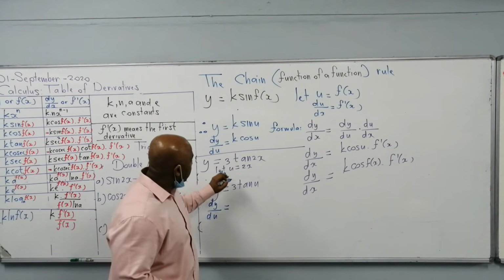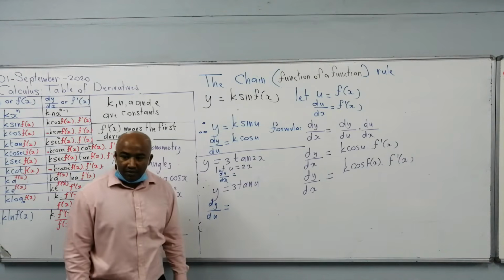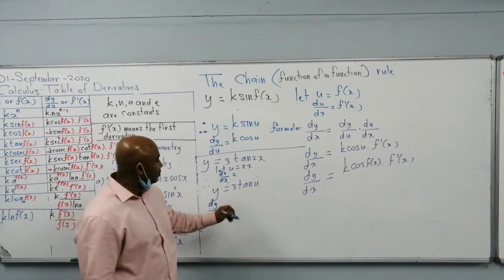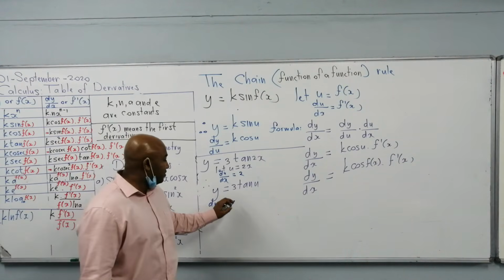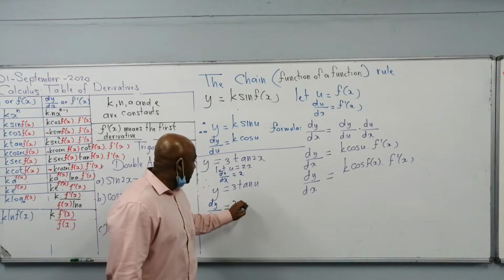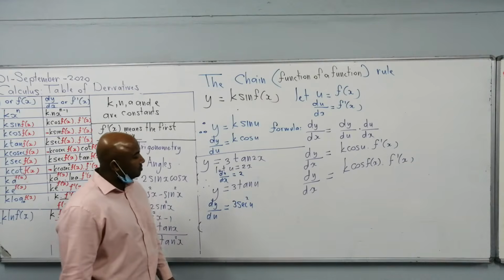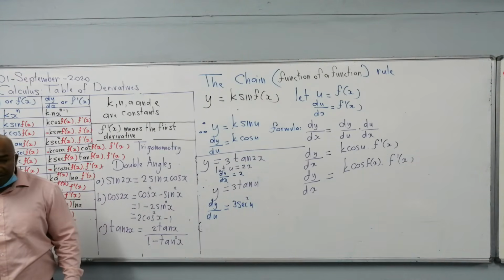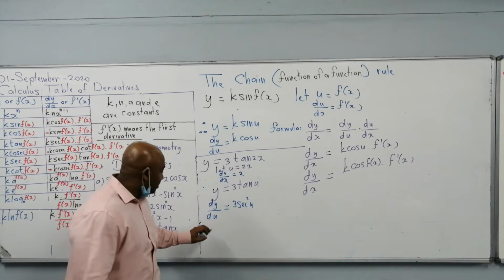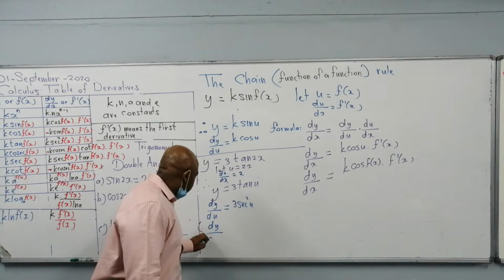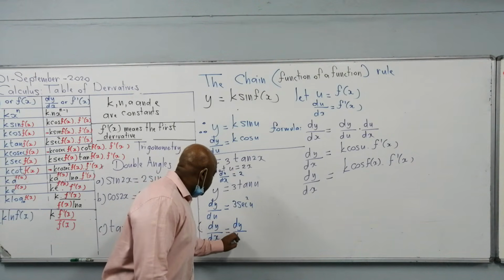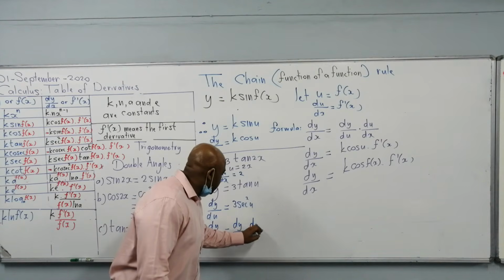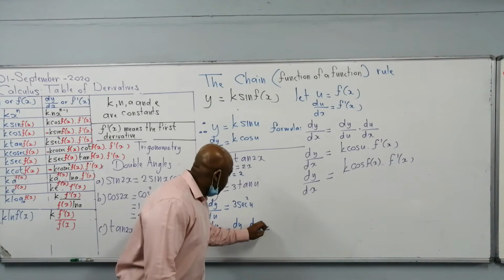So here, what is the derivative of 2x? It's just 2. What is the derivative of tan? The derivative of tan is going to be sec squared. Now, all you do is write down the formula dy over dx is equal to dy over du times du over dx.